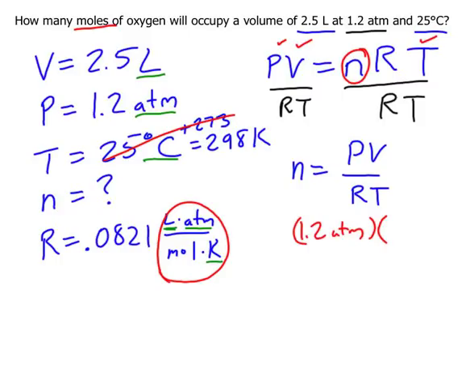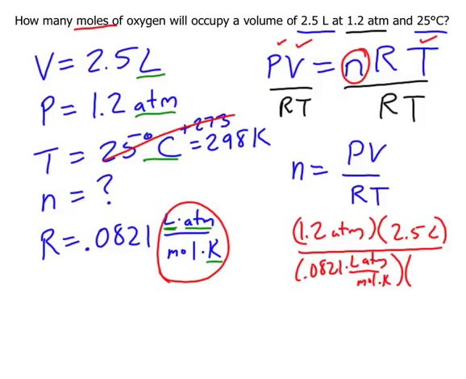So the pressure is 1.2 atmospheres times the volume, which is 2.5 liters, divided by R, 0.0821 liter atmospheres over moles times Kelvin, times the temperature, which is 298 Kelvin.